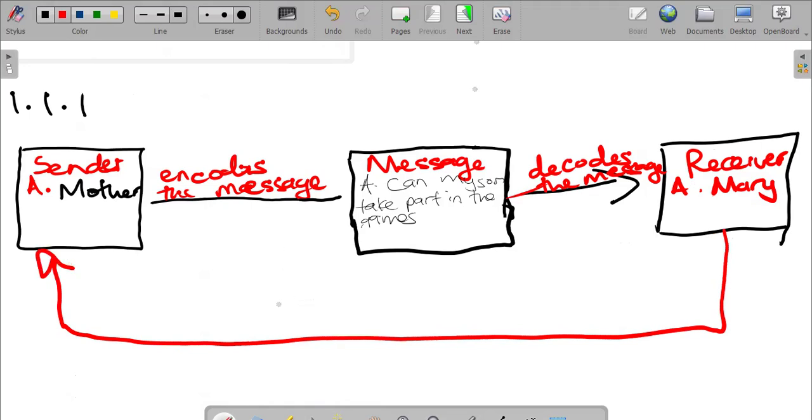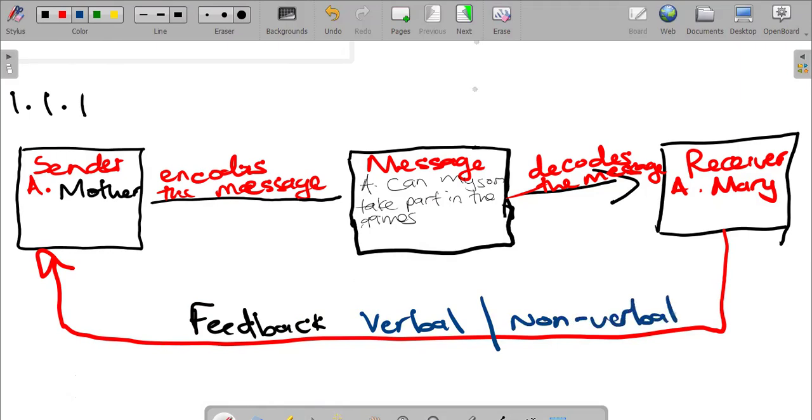The feedback can be verbal or non-verbal.